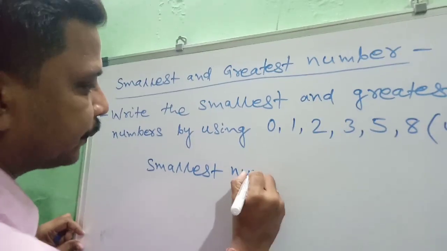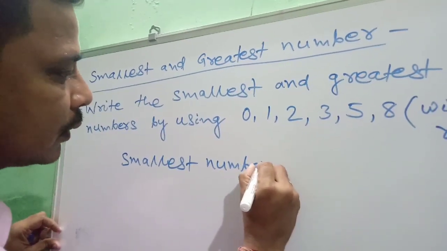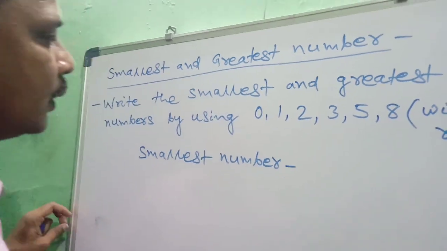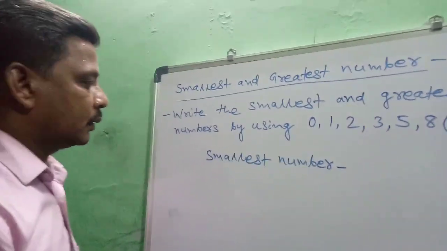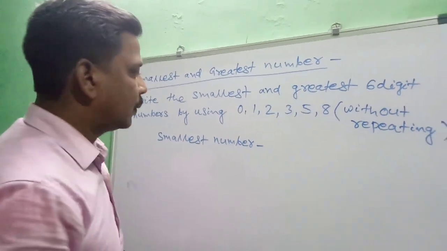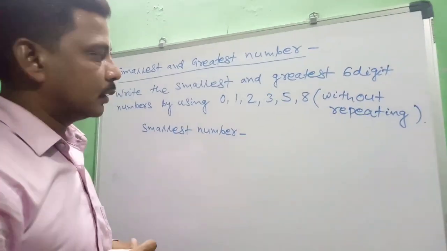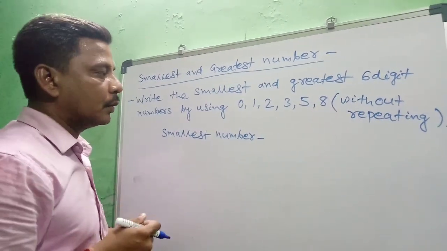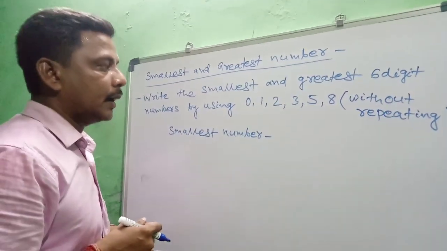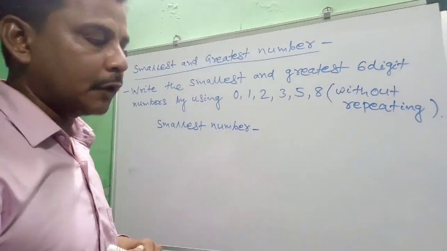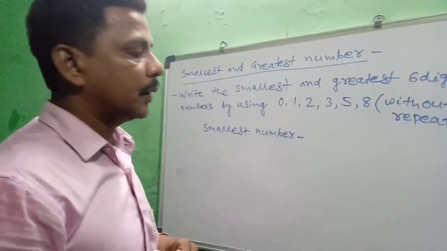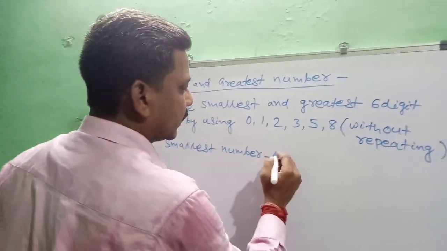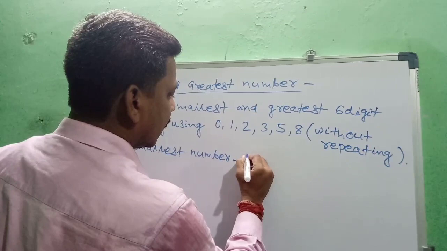Smallest number. Now look for the different digits. The smallest number is 0, you know, but when we start the number from 0, the number of digits will decrease. So we have to start from which number? 1.